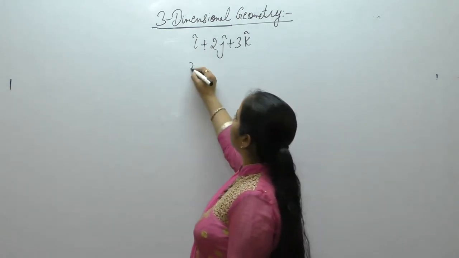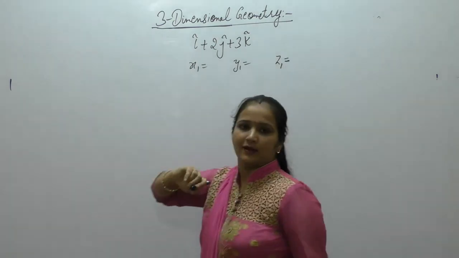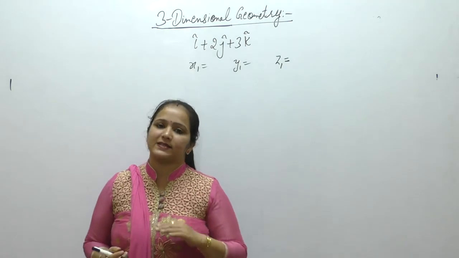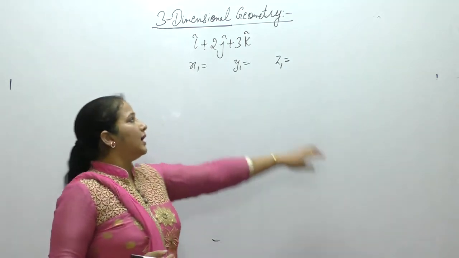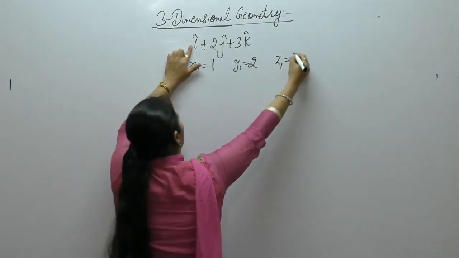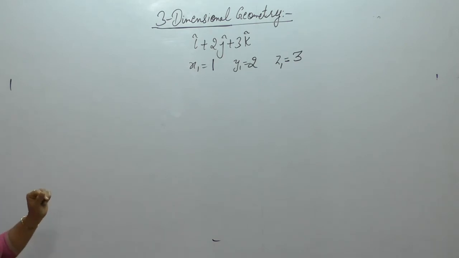Then what will be the values of x1, y1 and z1? हमने लिखा था पहले वेक्टर को हम किस फॉर्म में लिखेंगे: xi plus yj plus zk. Now the x component here is 1, y is 2 and z is 3. So these are the points.